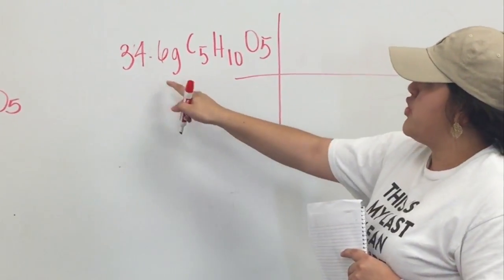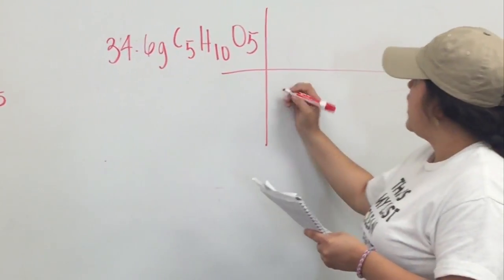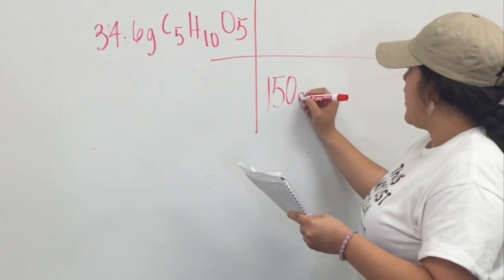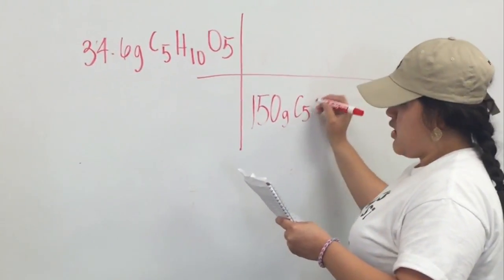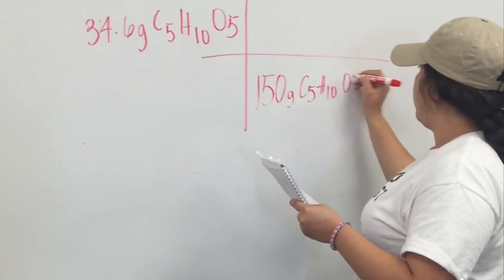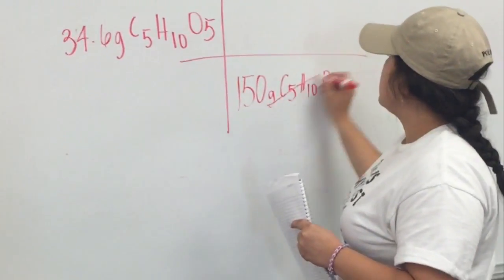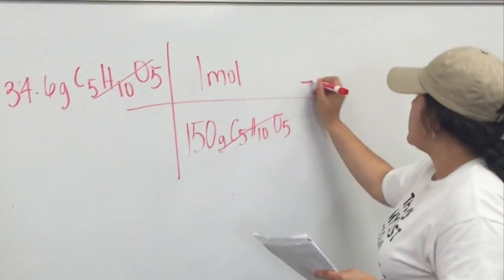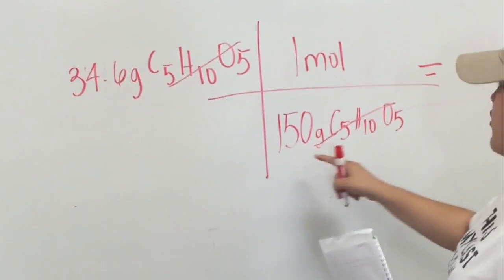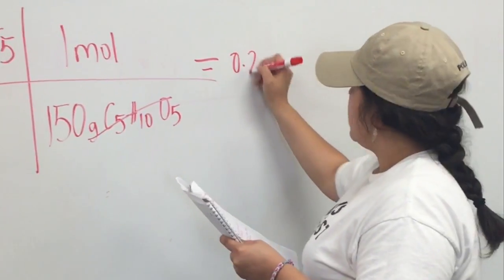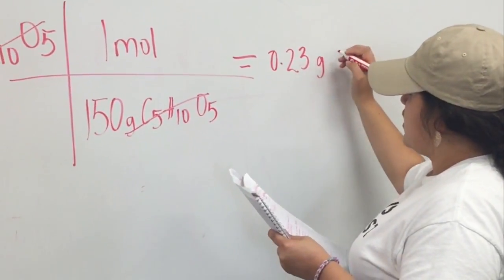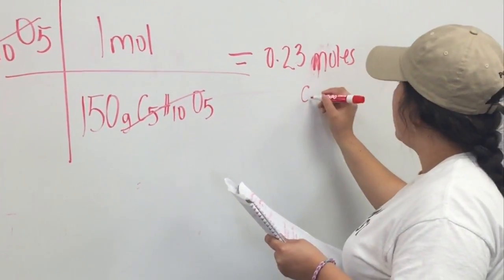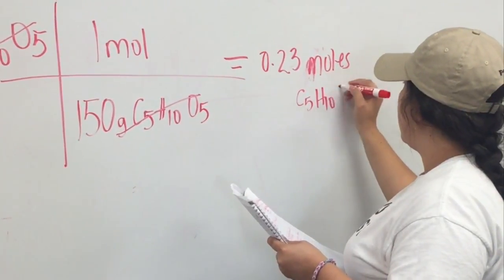You're given 34.6 grams, and then you put the total mass of the whole molecule on the bottom, so 150 grams of C5H10O5, and you notice that this cancels out, and then you're trying to find the moles. When you divide 34.6 by 150, you're going to get 0.23 moles of C5H10O5.